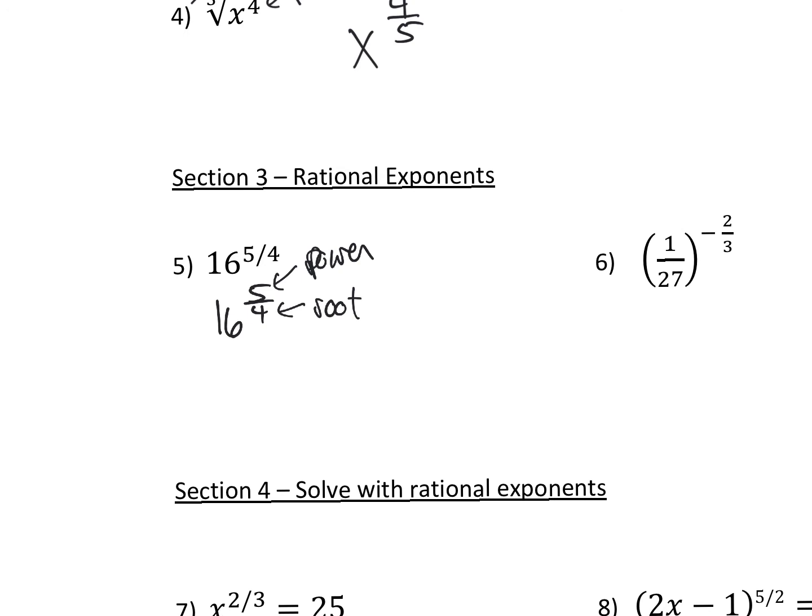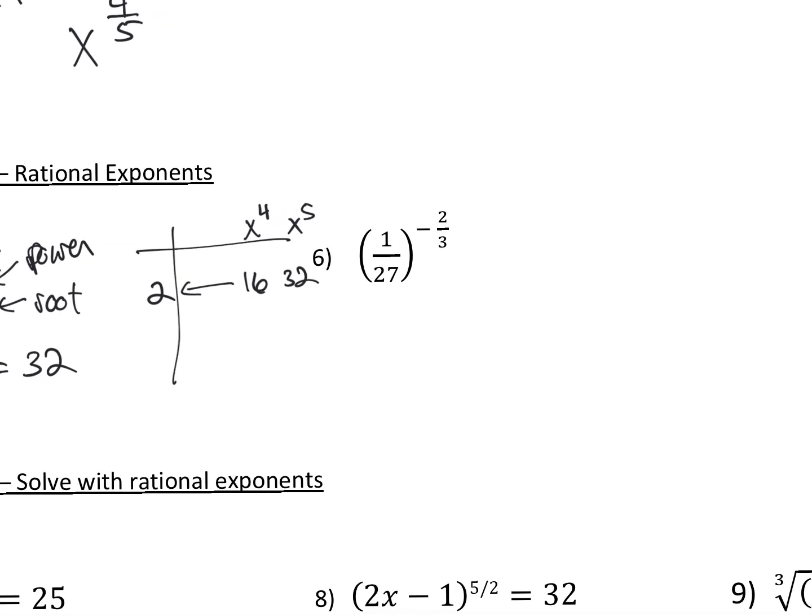So I'm going to take the 4th root of 16, which means on my chart, I'm going to find x to the 4th up top, go down the list until you find 16. That means that its base is 2. Go all the way to the left, its base is 2. So 2 to the 5th, on that same power chart, look at 2 and go to x to the 5th, and right next to that is 32.